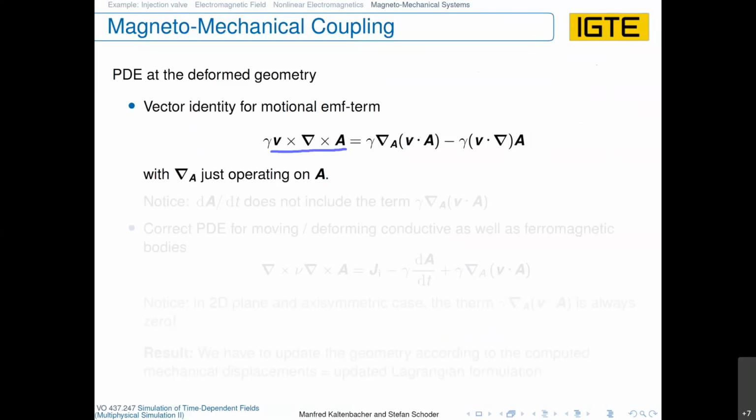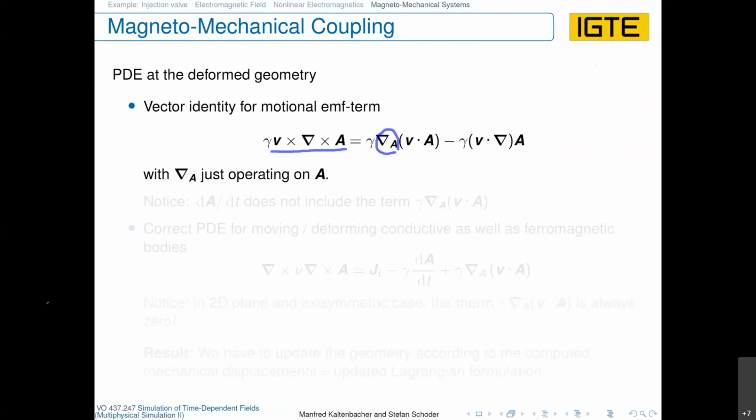So v has to be treated as being constant. That is why we write it nabla with the index A, minus gamma, and then we have this classical convective term we have also seen before in our substantial derivative of the magnetic vector potential.